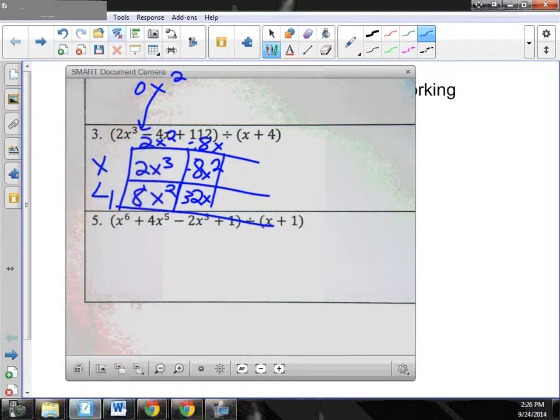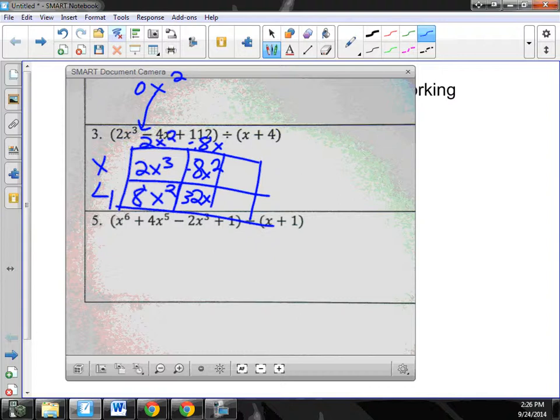Okay, so 32x, what am I looking? Negative 32x. Thank you. So I need to create a negative 4. How do you go from negative 32 to negative 4? Positive 28. So this would be 28. 4 times 28 is going to be 112.